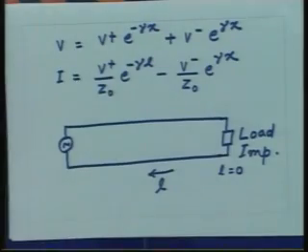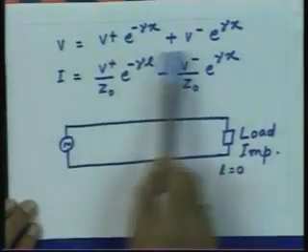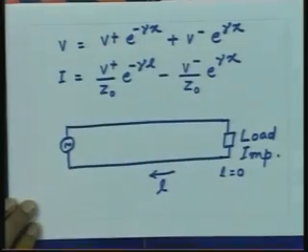Going back to the original equation of voltage and current, as we have seen, for a transmission line whose origin has been defined at the load point, that is L equal to 0, the voltage and current equation can be given by this.